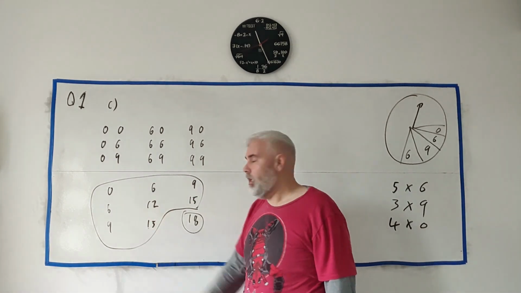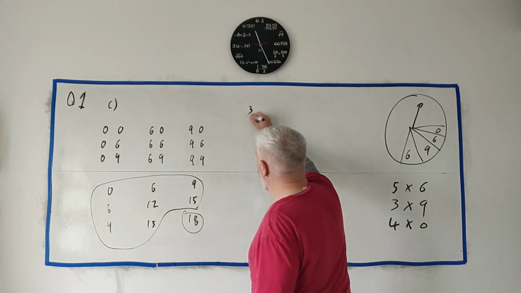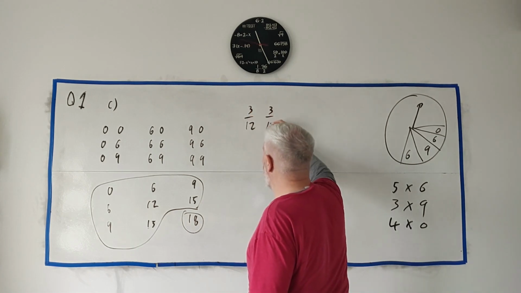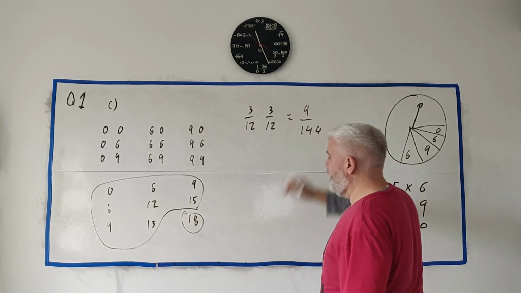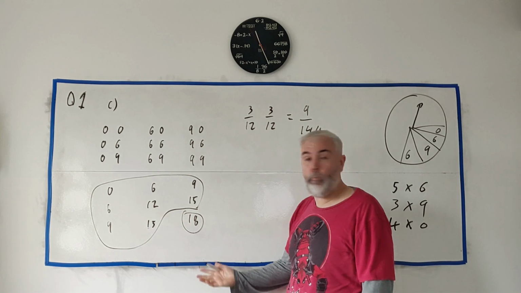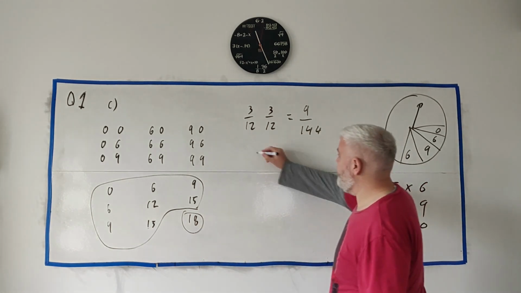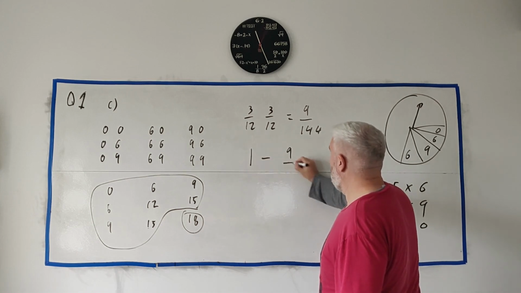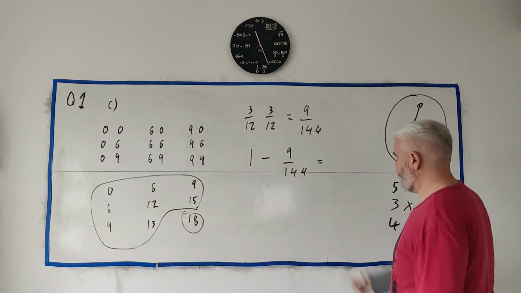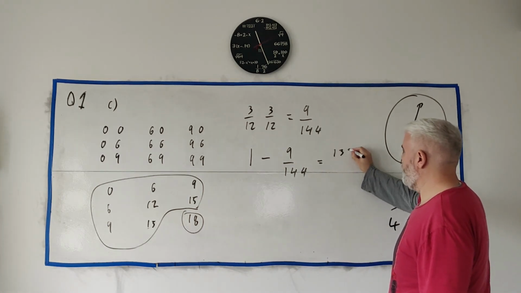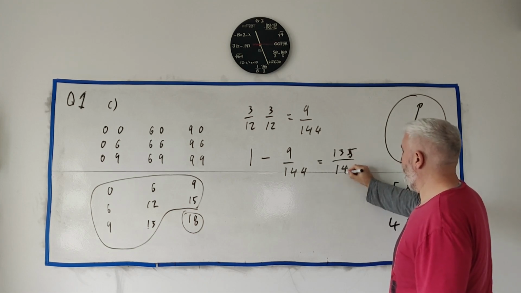So the probability of getting a 9 and a 9 is 3 over 12 times 3 over 12, which the answer is 9 over 144. That's the probability of getting more than 16, or 18 in this case. So the probability of getting less than 16 must be 1 minus 9 over 144, which would equal, what would that be? 135 over 144.